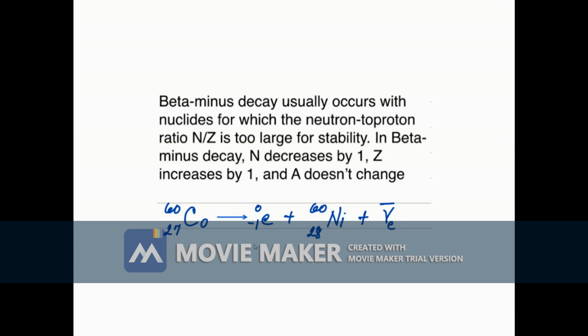So in beta minus, an electron is emitted and the atomic number changes by 1, and A does not change.